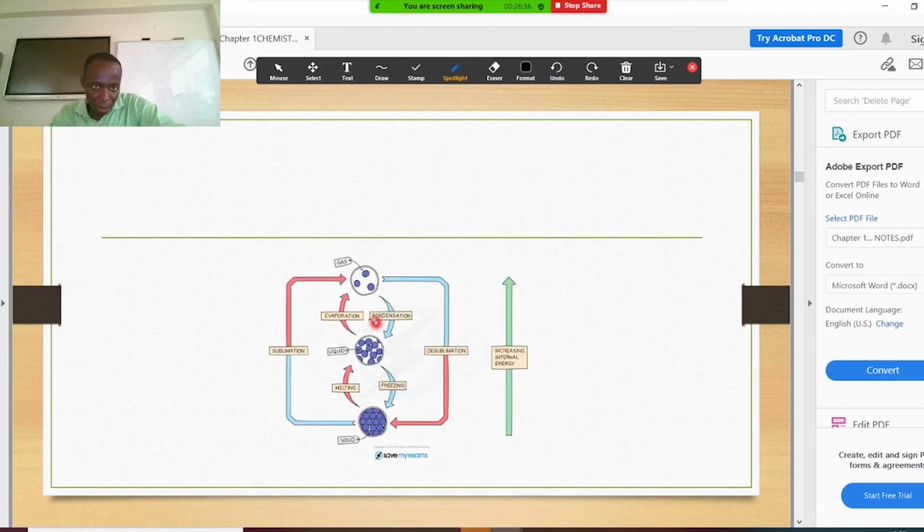Now, you can have some substances changing directly from solid, without going through the liquid state, into the gaseous state. These solids are volatile compounds. When we say volatile compounds, it means that they can evaporate easily.